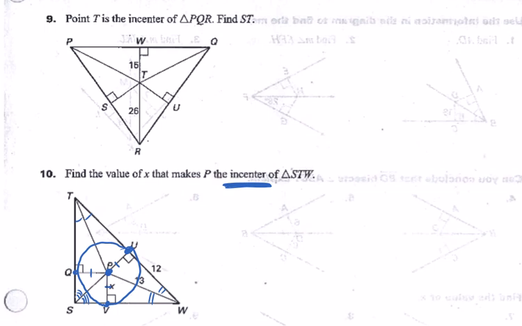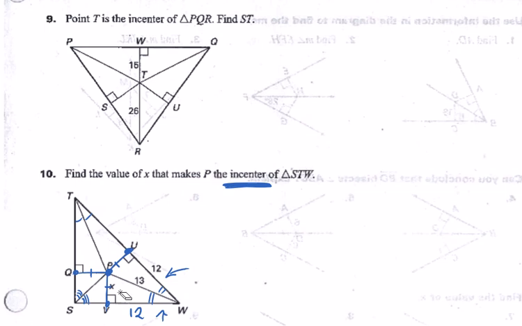And then you can draw altitudes back to each side from there, and those become radii. They're all congruent. So if I erase my circle, we want to find x. I know that these two triangles right here should be congruent. So this is 12.